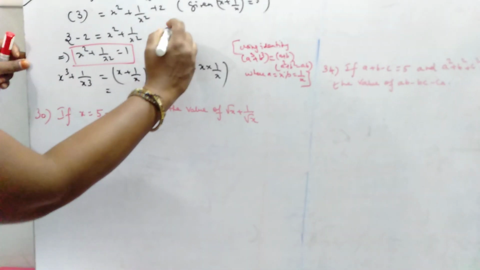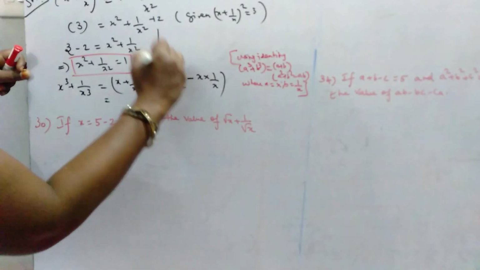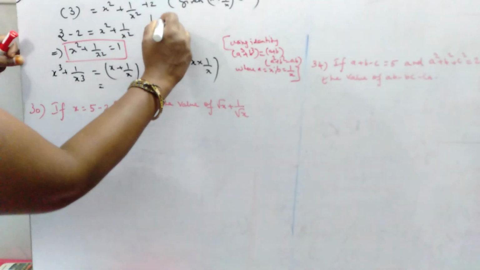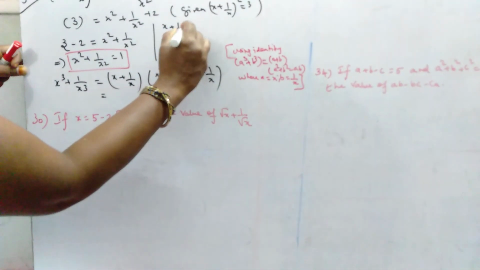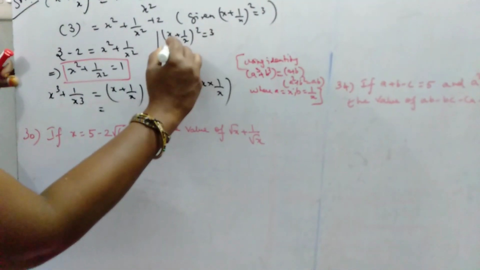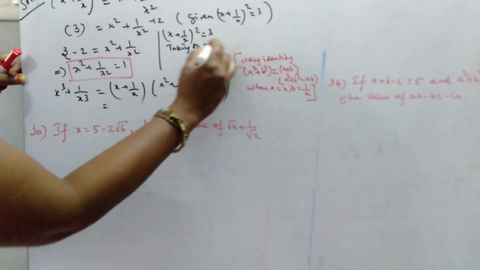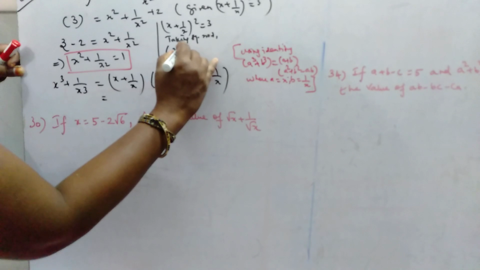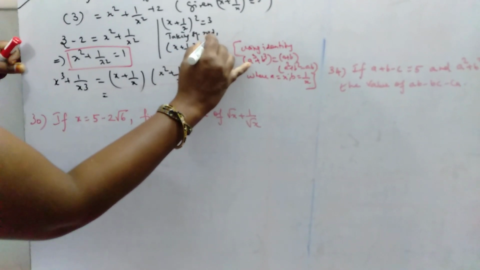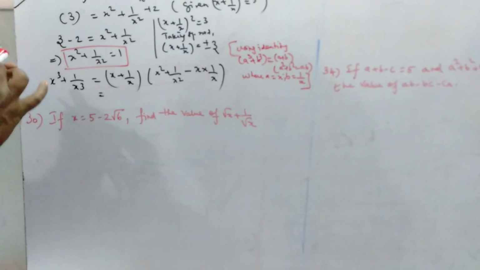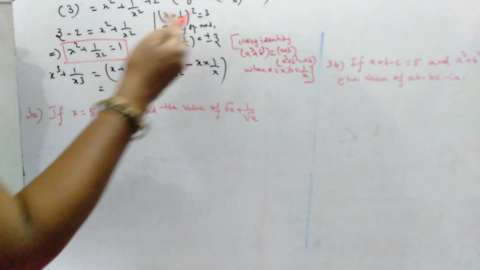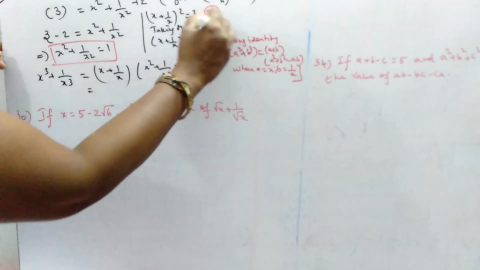So here I am writing x + 1/x. So (x + 1/x)² = 3. Taking square root, what will you be getting? Taking square root, x + 1/x = ±3.